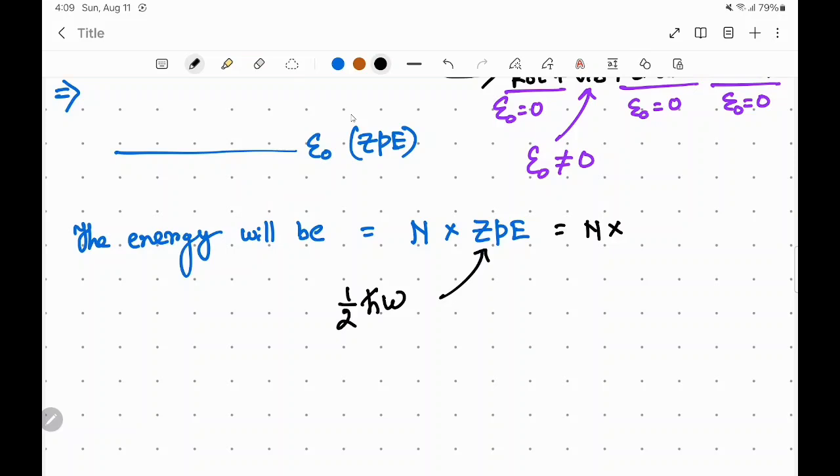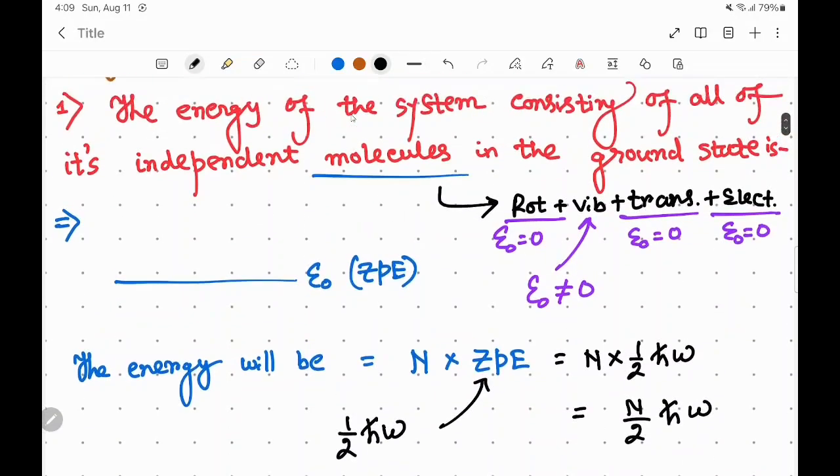So both are correct. This will be the total energy if all molecules reside in the ground state. Keep in mind that it is not zero. It will be zero only if you consider the zero point energy as zero. Otherwise, you have to consider the zero point energy.